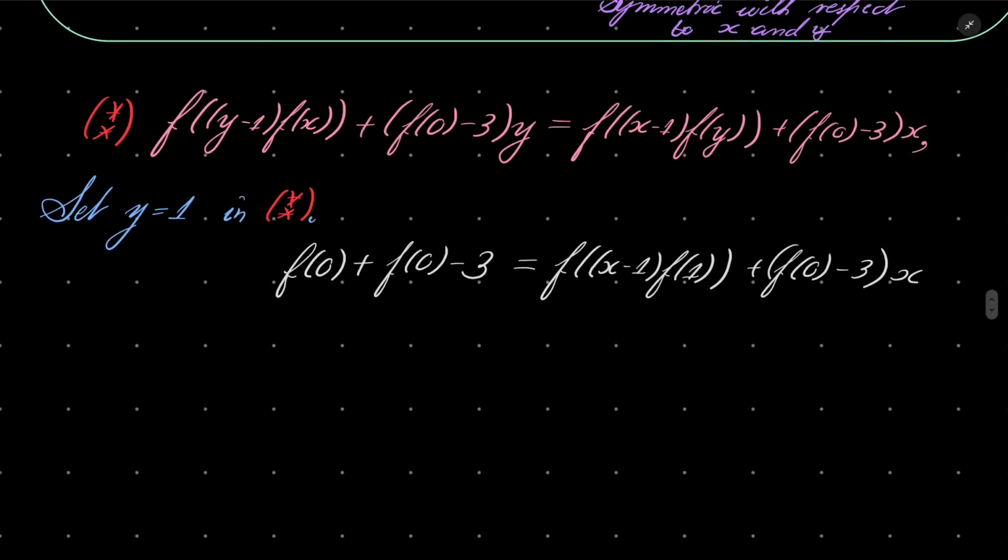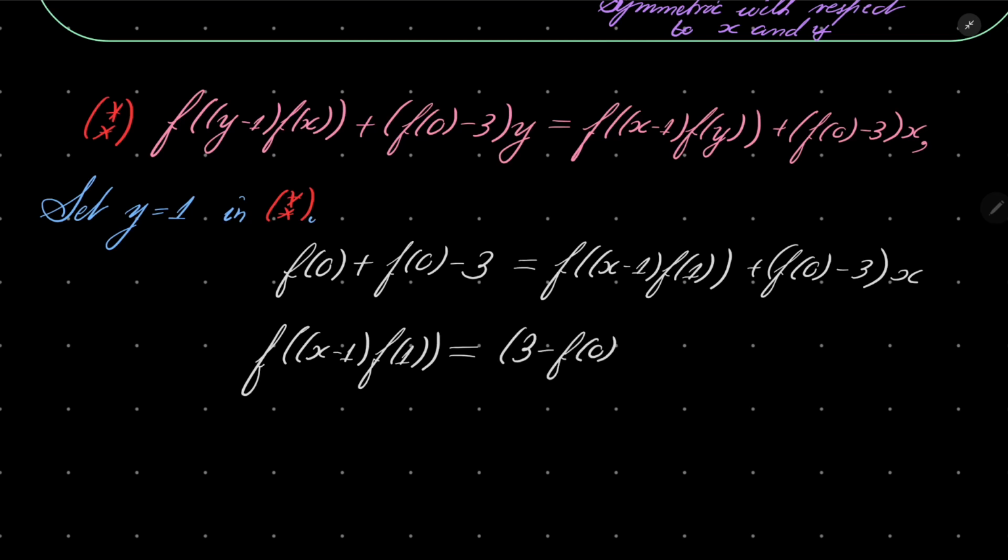And now, let me take one more look, because I wish to be completely sure that I do not make any mistake. Yes. And now I will write it in the following way: f of ((x minus 1) times f of 1) equals (3 minus f of 0) times x plus 2 times (f of 0 minus 3).